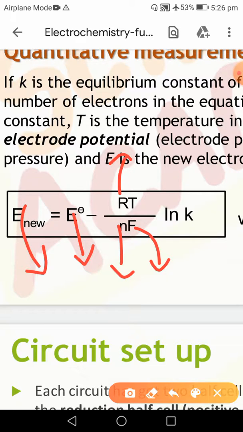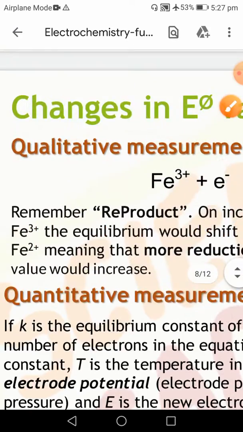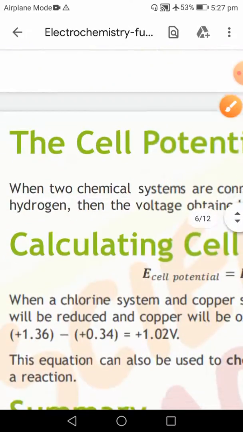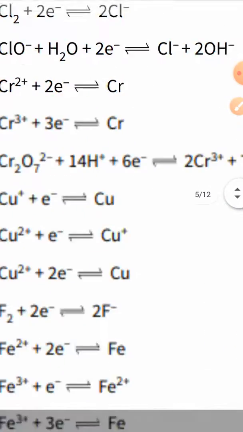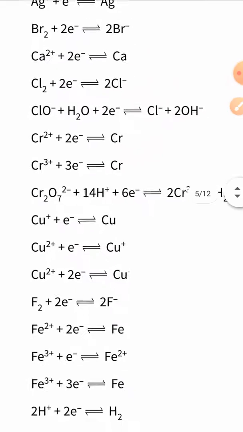And K is known as the equilibrium constant of the electrode potential. Now, if you remember the equation of the electrode potential, let's go back to that point.